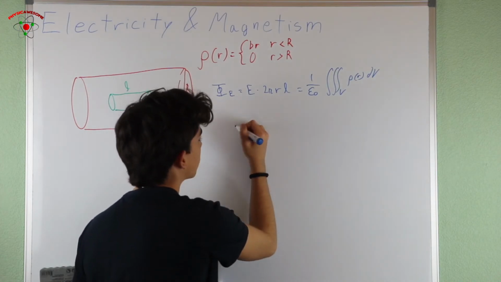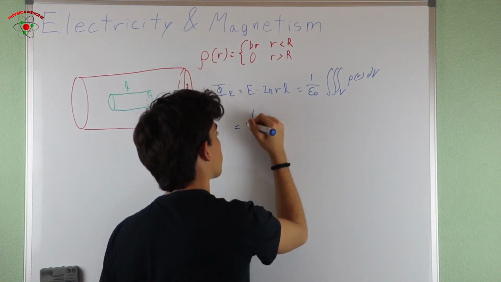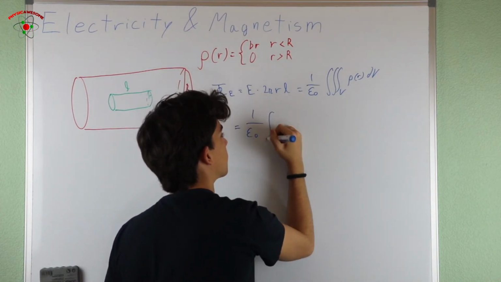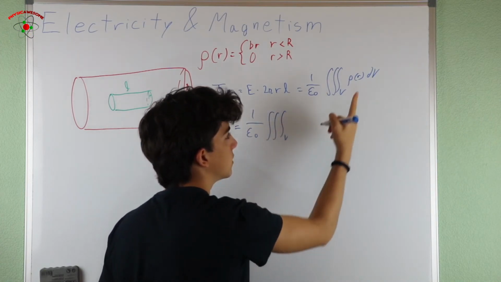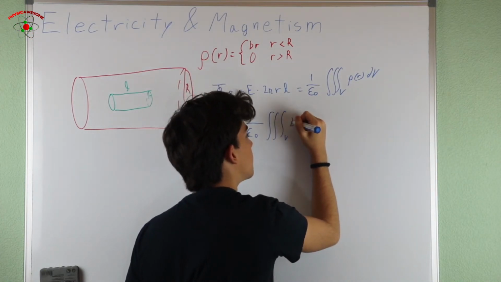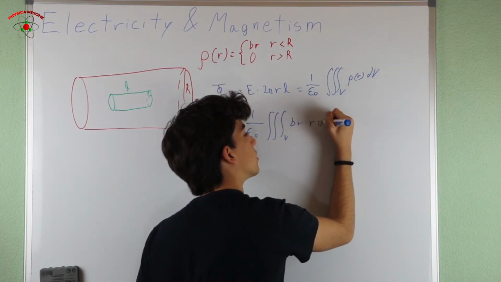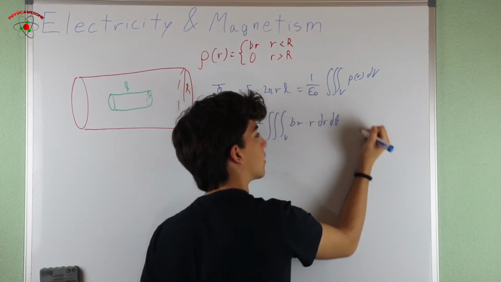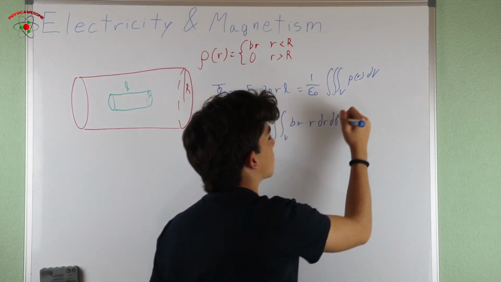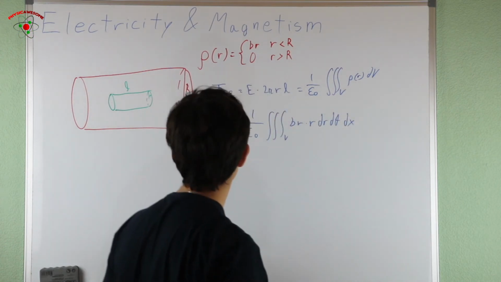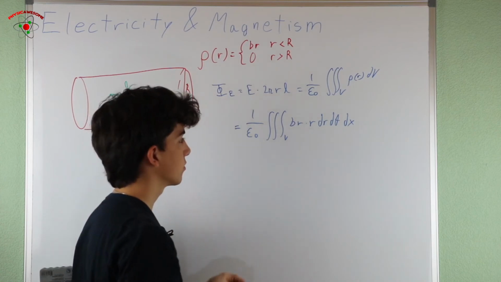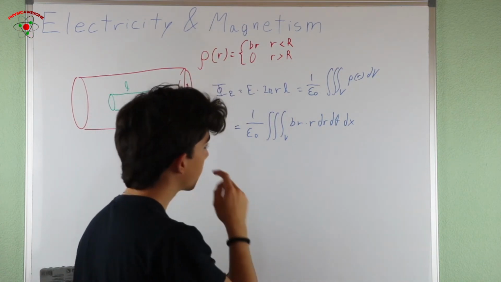Now, this is multivariable calculus. We find that this is B r times r dr d theta and dx, because this is the dx region.